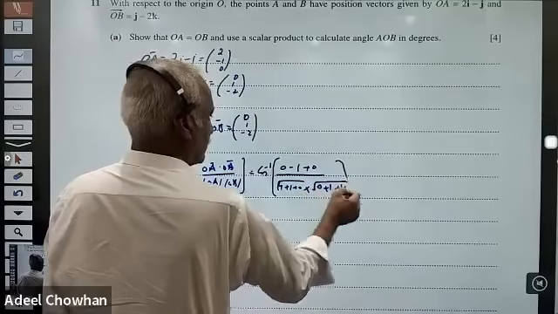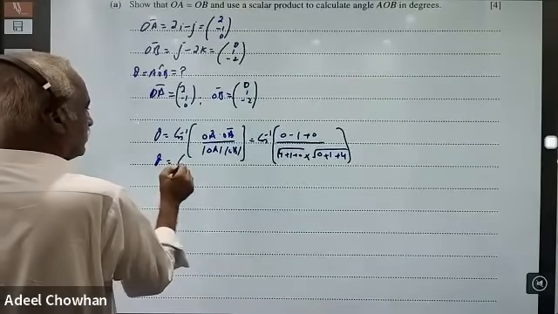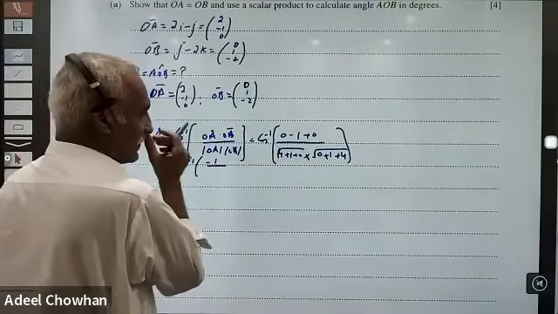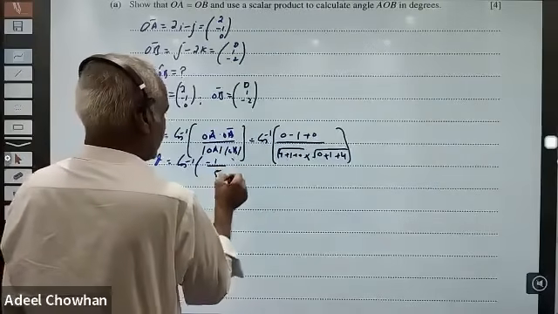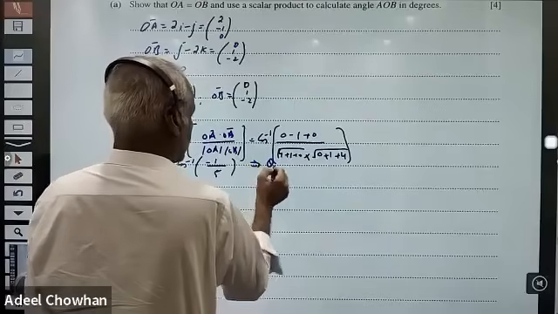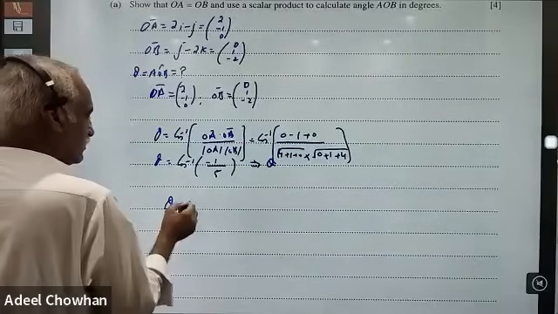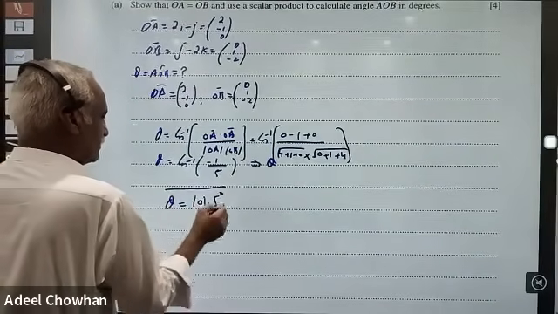So that is equal to cos inverse of minus 1 over root 5 and root 5, that is equal to 5, and this value is basically equal to 101.5 degrees.